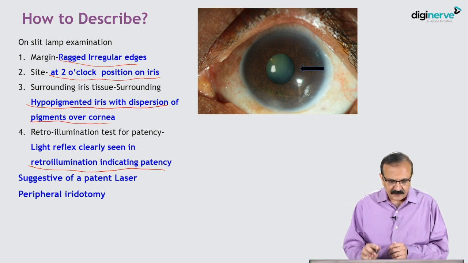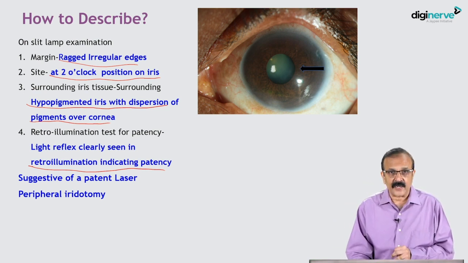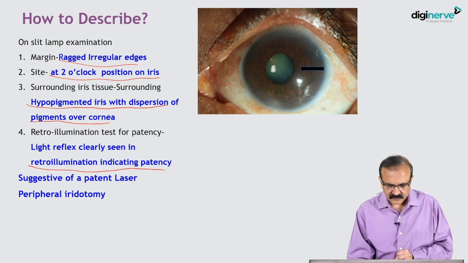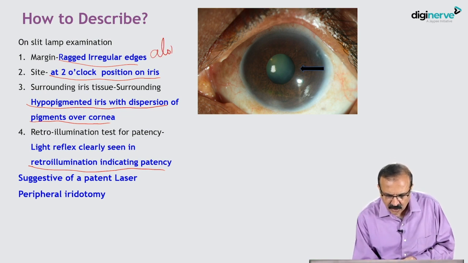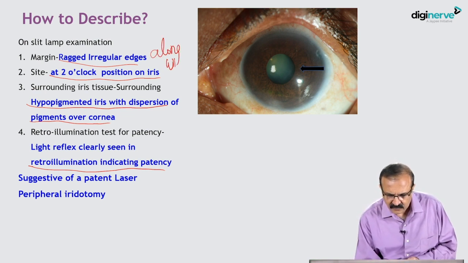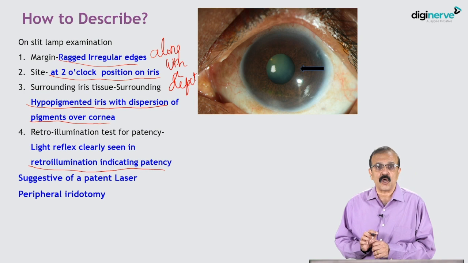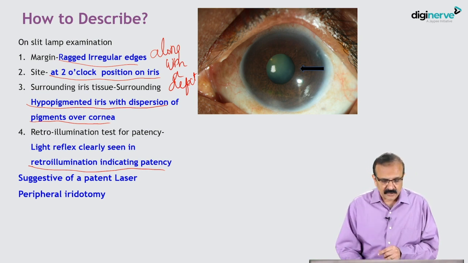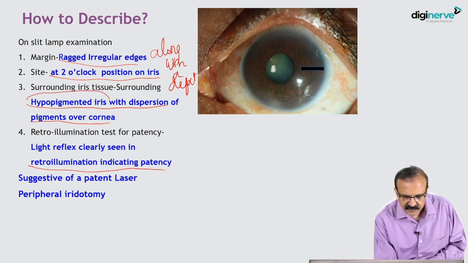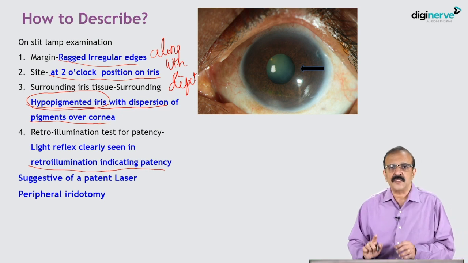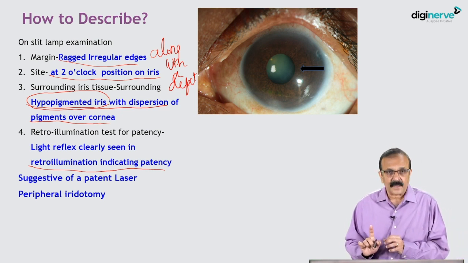So here you should say ragged, irregular edges along with the defect at the 2 o'clock position. So this hypopigmented iris with dispersion tells you that it is not a surgical iridectomy.